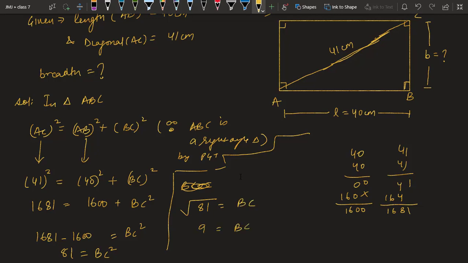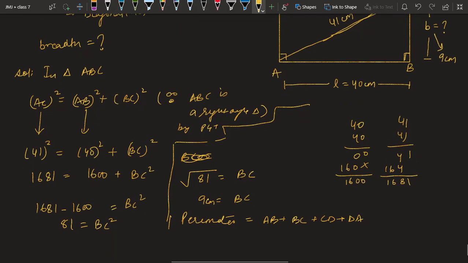We have already checked this thing. This is 9 centimeter. So we have got the length of B as 9 centimeter, and we all know the perimeter of a rectangle is given by the length of all sides, that is AB plus BC plus CD plus DA. Now put the values.